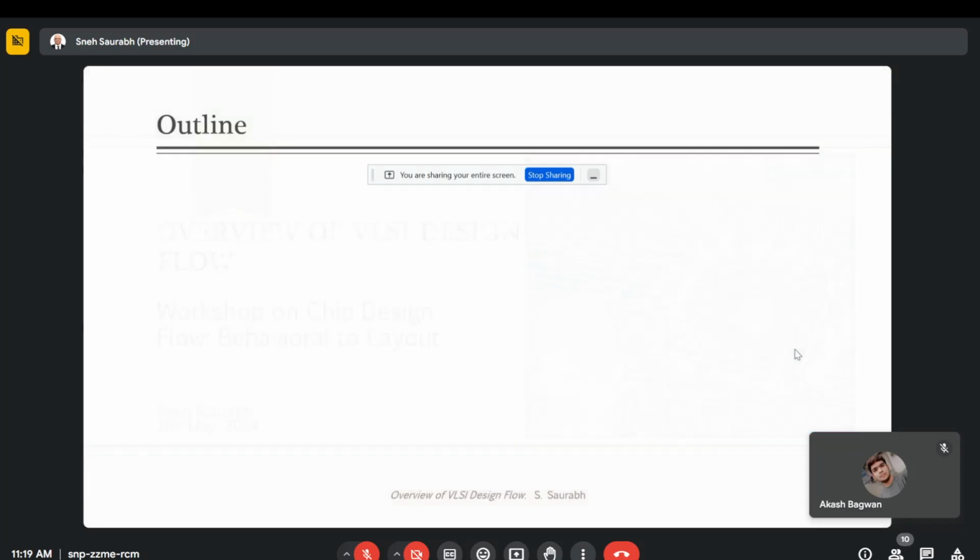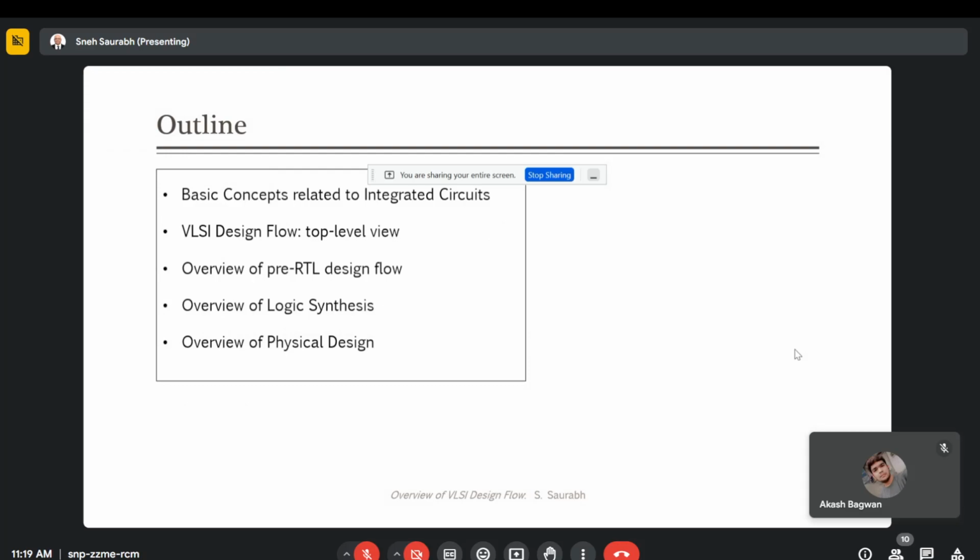So in this presentation, I'll be covering the following topics. First, I'll be looking into some basic concepts related to integrated circuits. Then I'll be going into a top level view of what a VLSI design flow is. And then I'll be briefly discussing what is pre-RTL design flow.